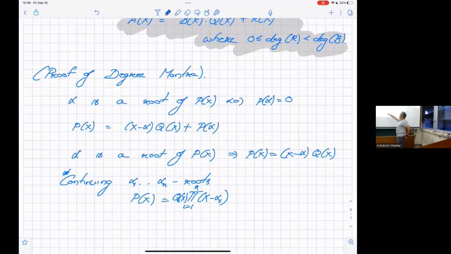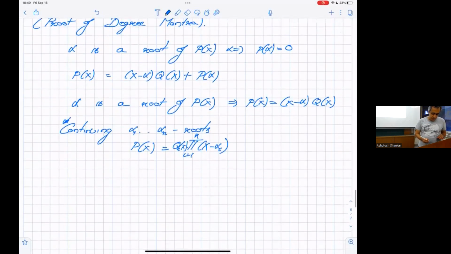It must be the case that Q of x has to be constant. Otherwise, P of x has a larger degree. Rather, the other way, it has more roots. You have a degree R polynomial, which looks like larger than degree R.